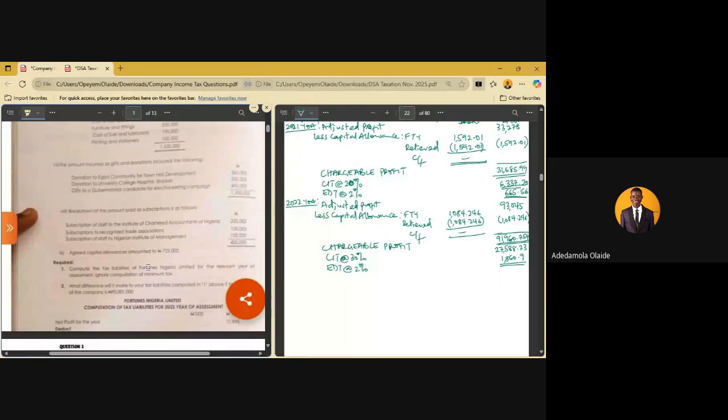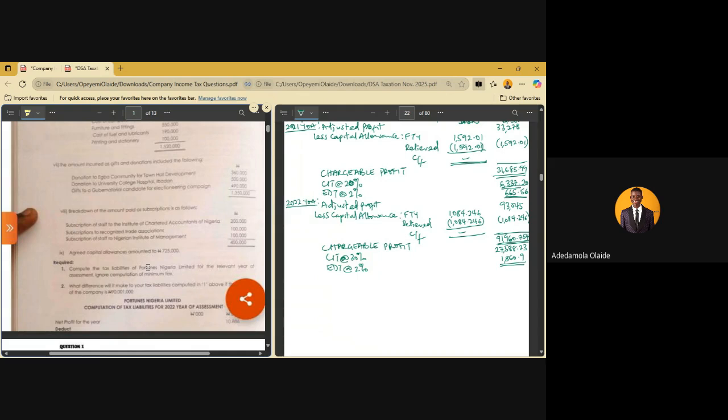Breakdown of the amount paid as subscription: subscription of staff to the Institute of Chartered Accountants of Nigeria, subscription to a recognized trade association, subscription of staff to Nigeria Institute of Management. Agreed capital allowance amounted to 725,000.